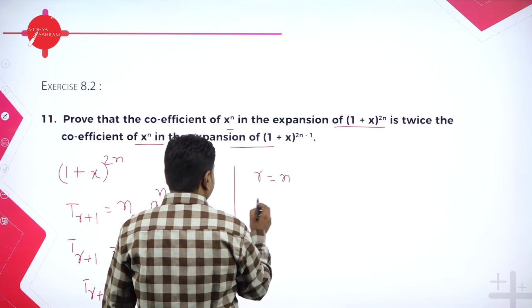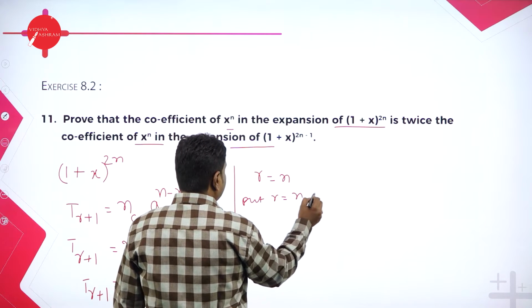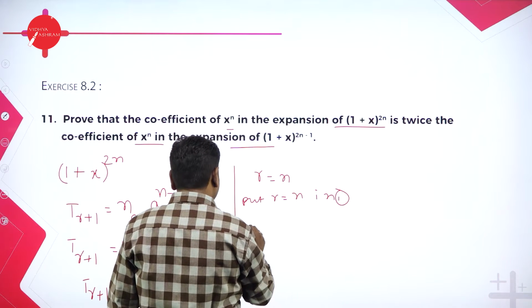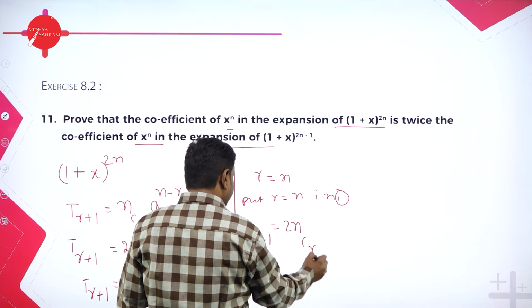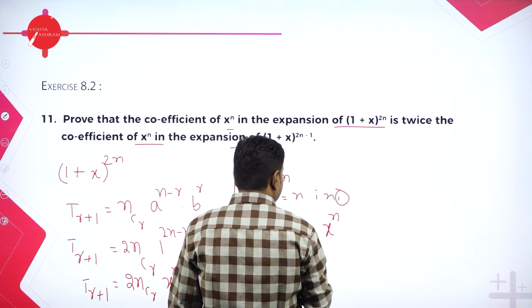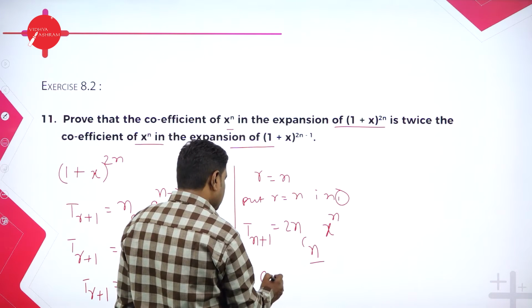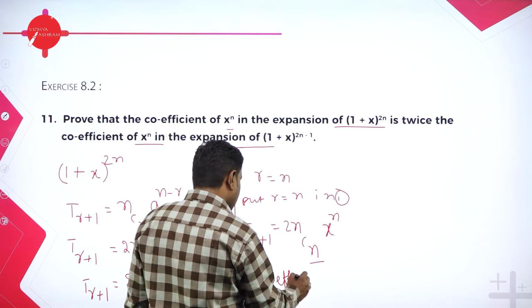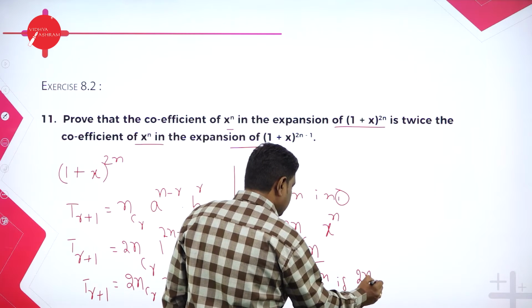So put R equal to n in 1. Then 1 becomes T n plus 1 is equal to 2n Cn into x power n. So the coefficient of x power n is 2n Cn.